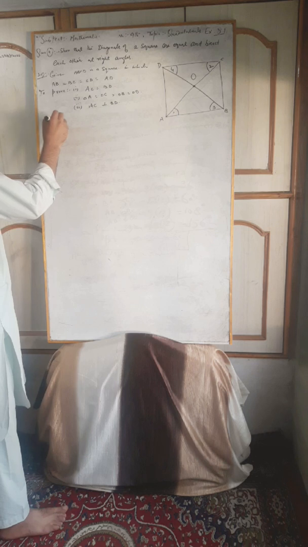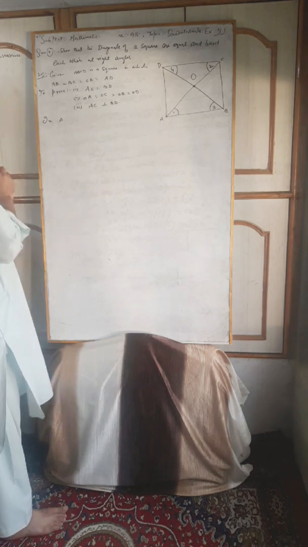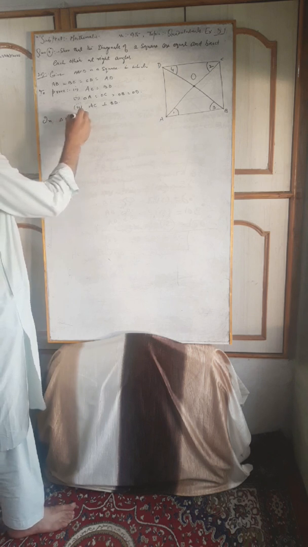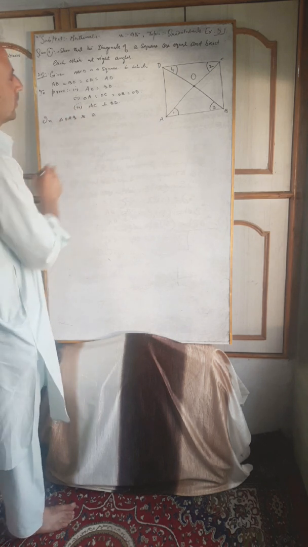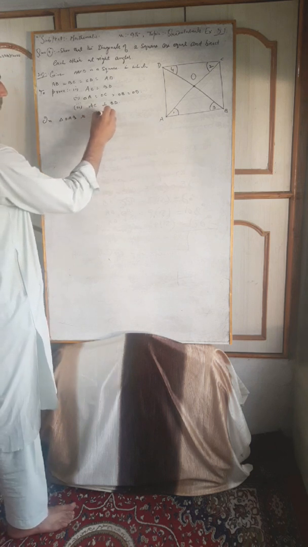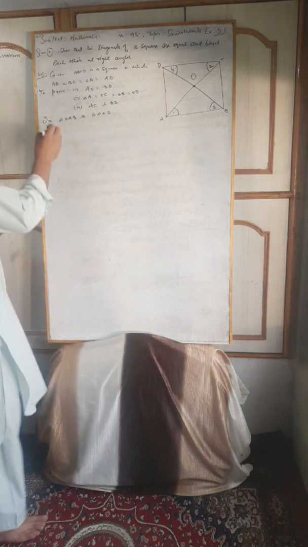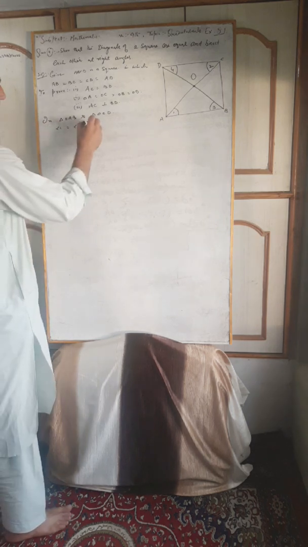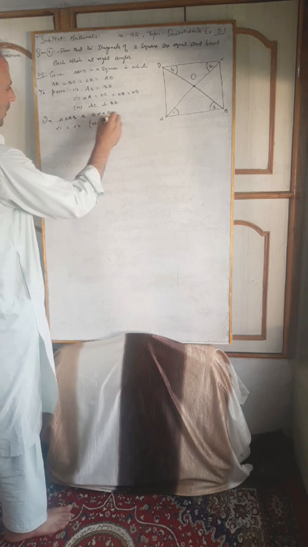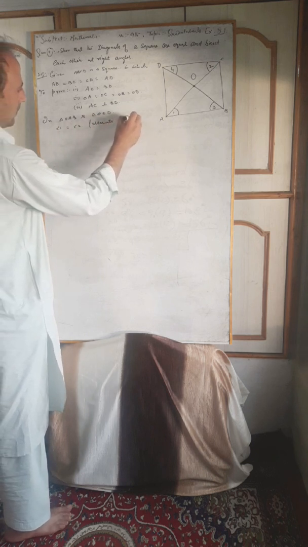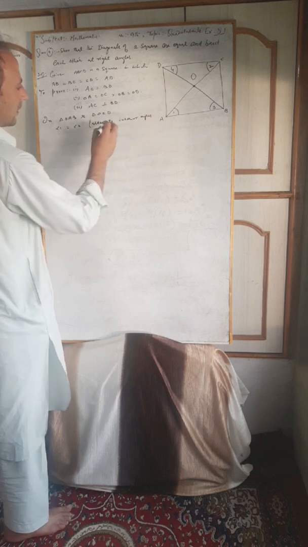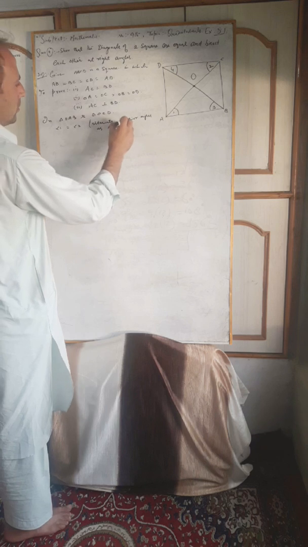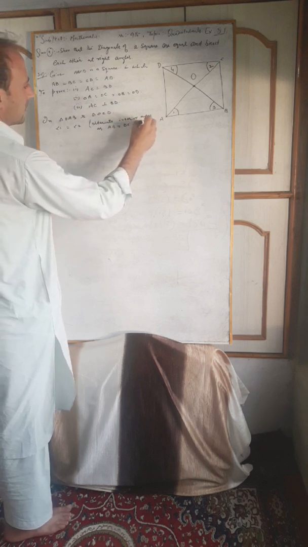In triangle OAB and triangle OCD, angle 1 is equal to angle 2 because of alternate interior angles, as AB is parallel to DC and AC is the transversal.